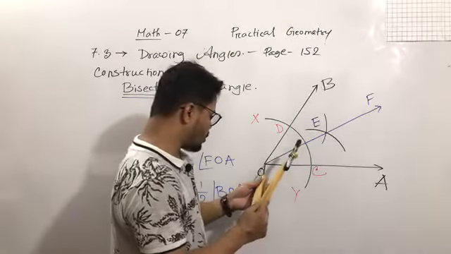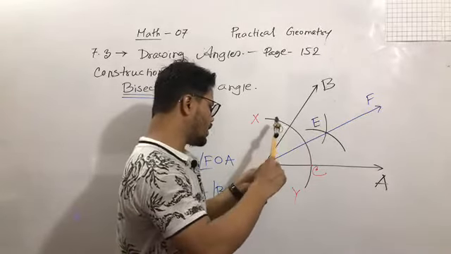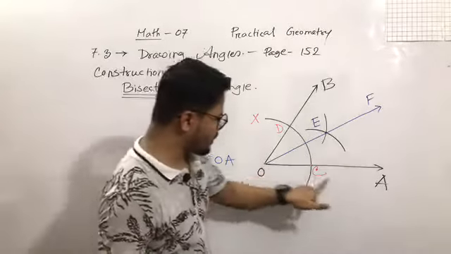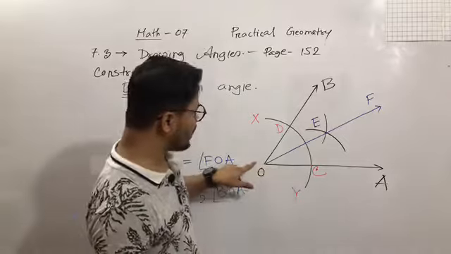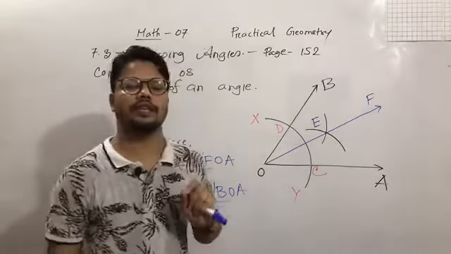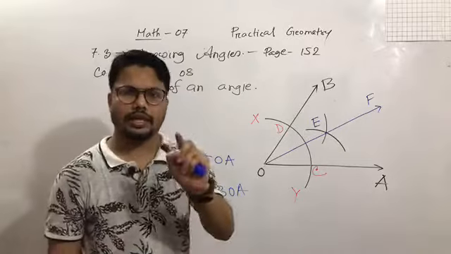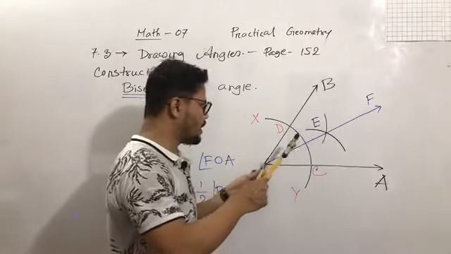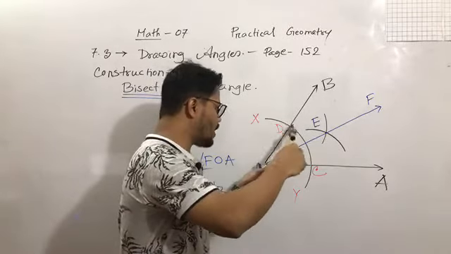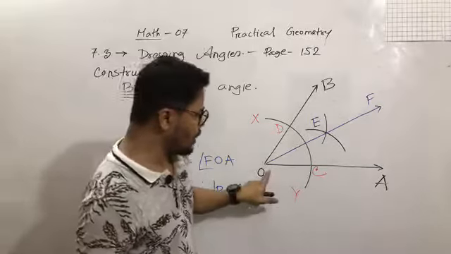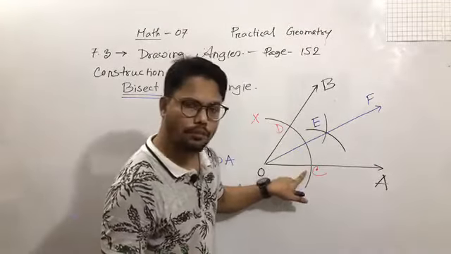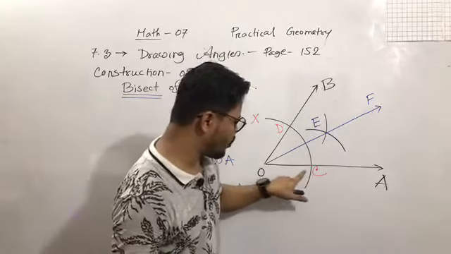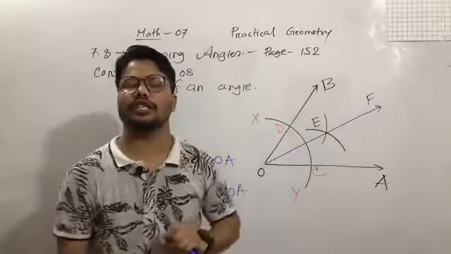Placing the pointer at O, taking any suitable radius, draw an arc XY which intersects OA at the point C and OB at the point D. Step 1 complete.